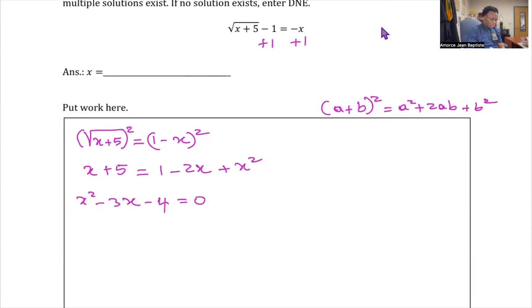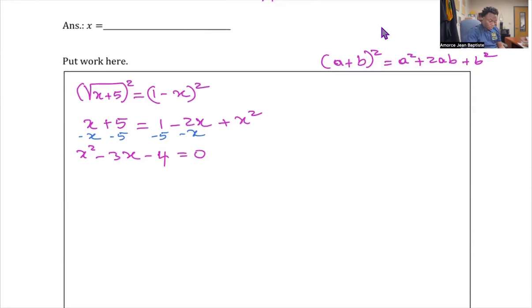Basically what I did is I subtracted x on both sides and subtracted 5 on both sides. Then that gives me this equation right here. That is x squared minus 3x minus 4 equals 0.